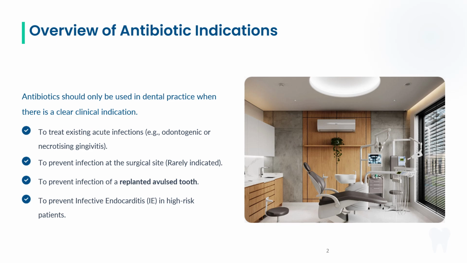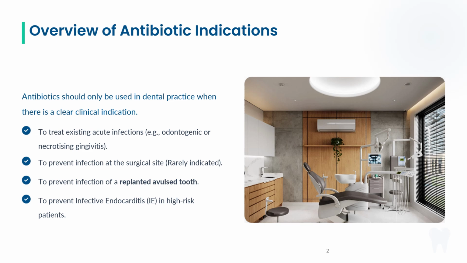Antibiotics are rarely indicated in this case, but we need to use antibiotics, especially to prevent infection around the area when you replant an avulsed tooth. This has been specifically mentioned in the new therapeutic guidelines, so you need to pay attention, and possibly there would be an MCQ for this one.